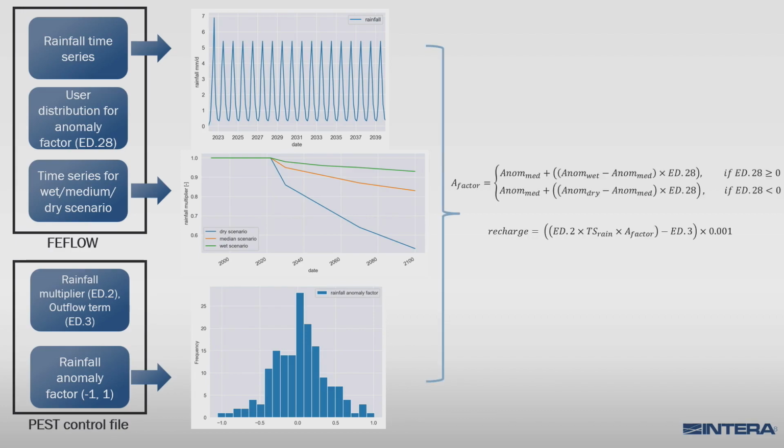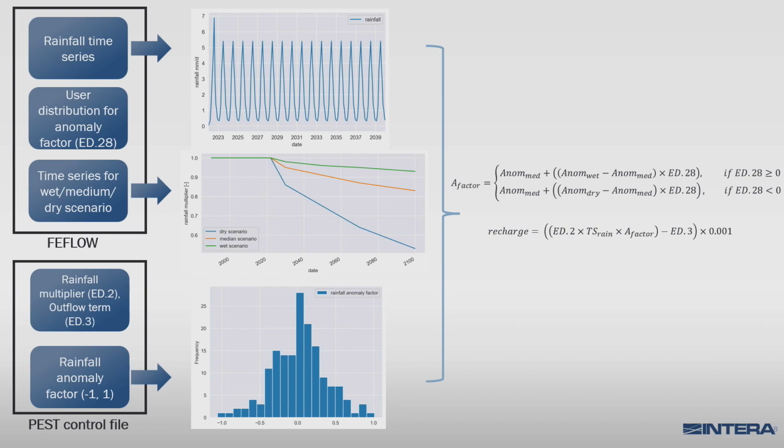So to bring those parts together, we added this formula to the recharge formula in FeFlow, which in the end does is check this value. Each realization gets one of those values written to the user distribution. And then depending on whether that's above or below 0, we're either more on a dry scenario or on a wet scenario.